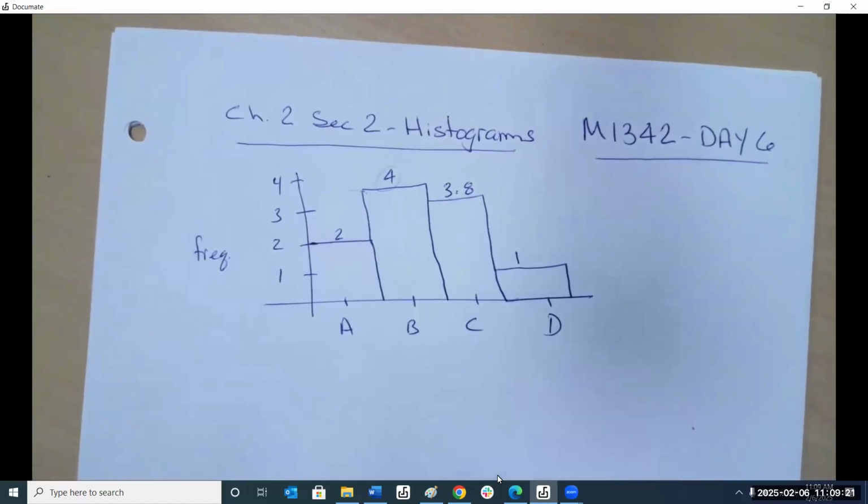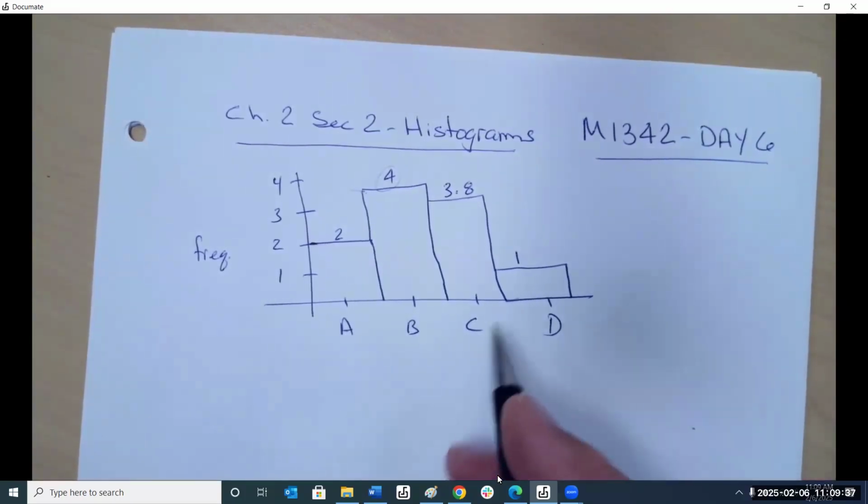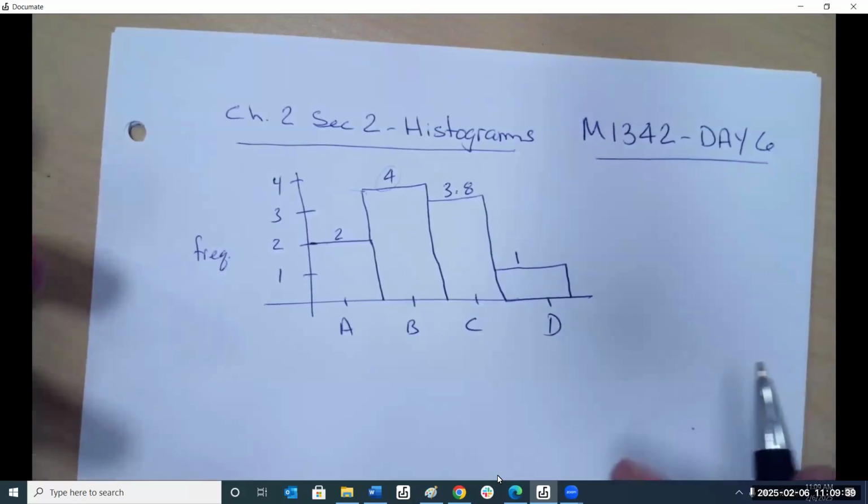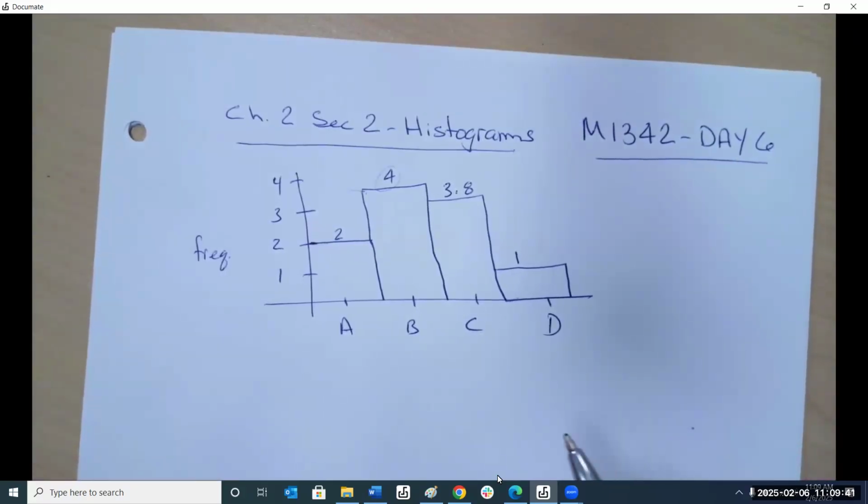What goes on the horizontal axis? If it is time, but yeah, it's not just time, it could be characteristics, like how many students have blonde hair, red hair, white hair, black hair.